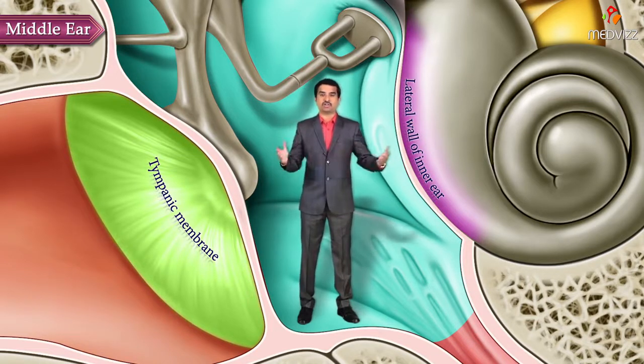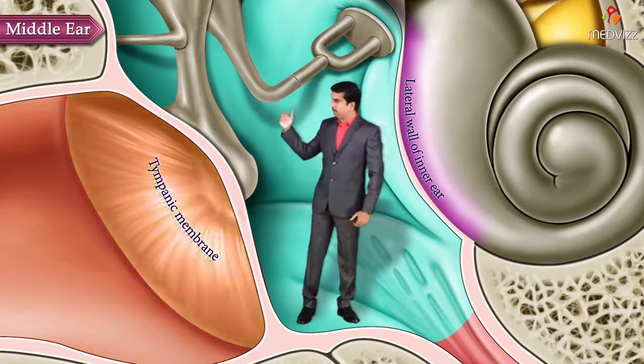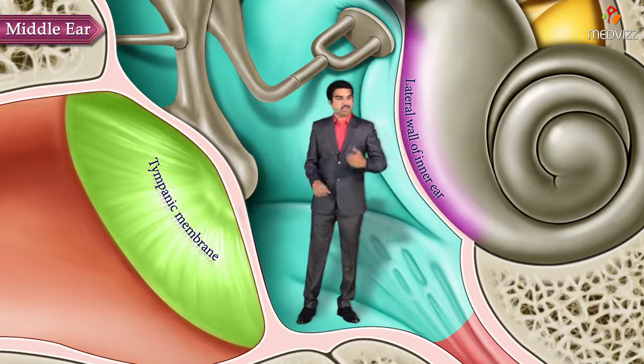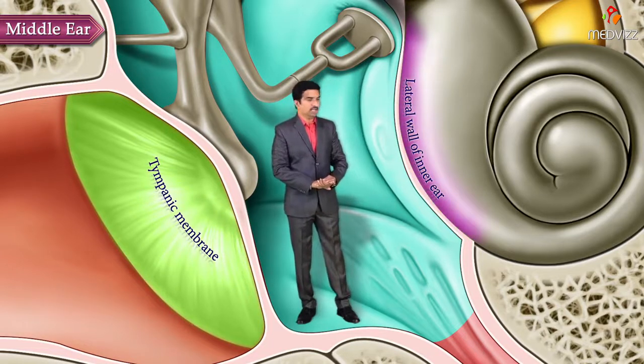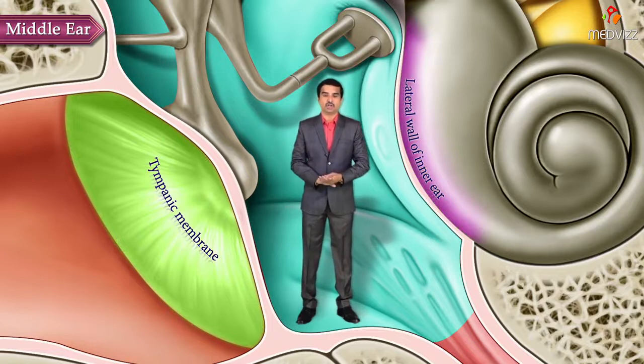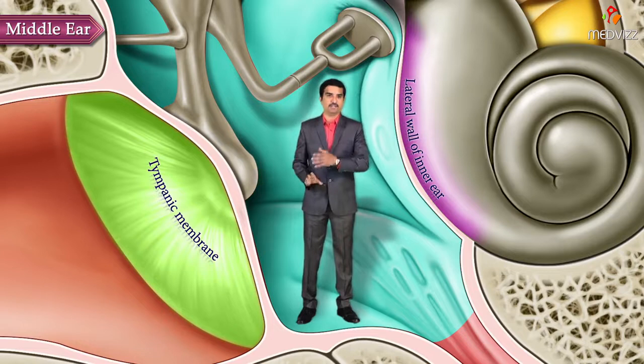So what are the extensions of the middle ear, guys? It extends from the tympanic membrane laterally to the lateral wall of the inner ear medially, right? This is where you can see the middle ear cavity, which is called the tympanic cavity.